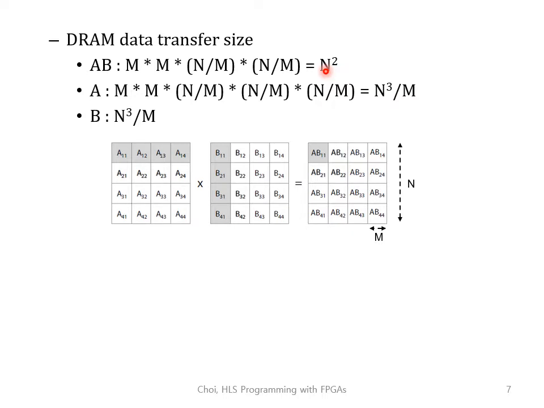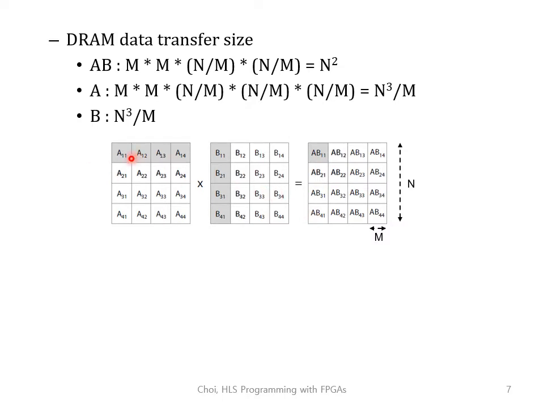Next, we count the DRAM transfer size for A. For each AB block, we need to fetch a small block of A n over m times, right? So to compute AB11, we need to multiply this with this one with this one. So in terms of A, we need to fetch n over m times just to compute AB11. And since AB11 needs to be computed n over m times, right?